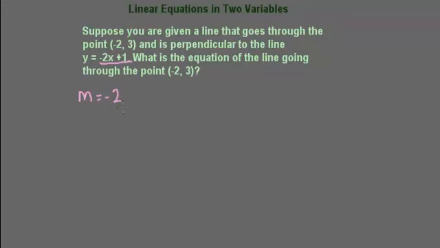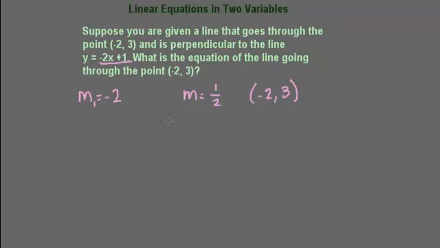Our line is supposed to be perpendicular to this one. So the slope we're looking for is going to be the negative reciprocal of that, which would be 1/2. We call the given line's slope m1, the blue line that we saw in our picture. And then our line goes through the point negative 2, 3.